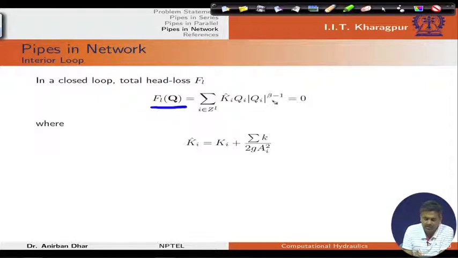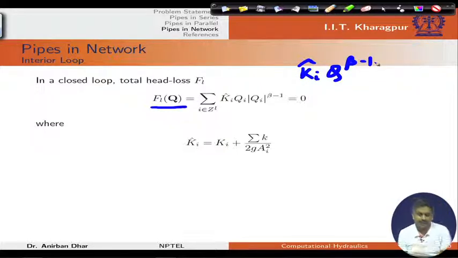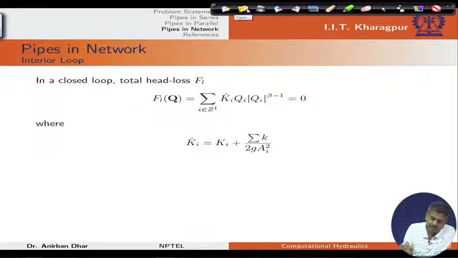I have used this mod sign, ideally speaking it should be q to the power beta, if we can get the actual direction of flow, and we can assign that value directly. Otherwise, if there is some error, obviously there will be some problem, and according to our convention in a particular loop we will not get a 0 value there. So, as per Hardy-Cross, we are considering that in the clockwise direction we have a positive discharge value.